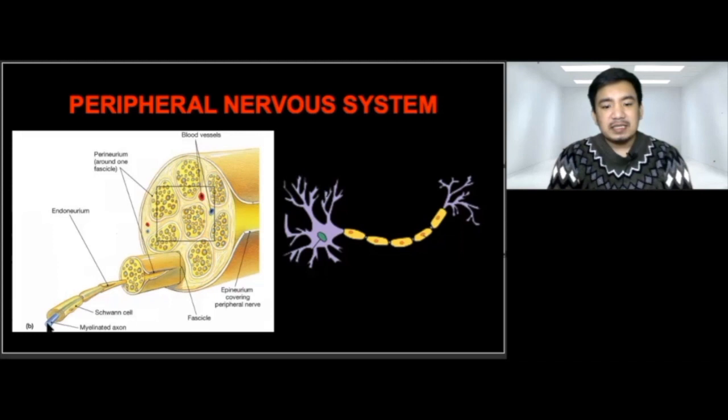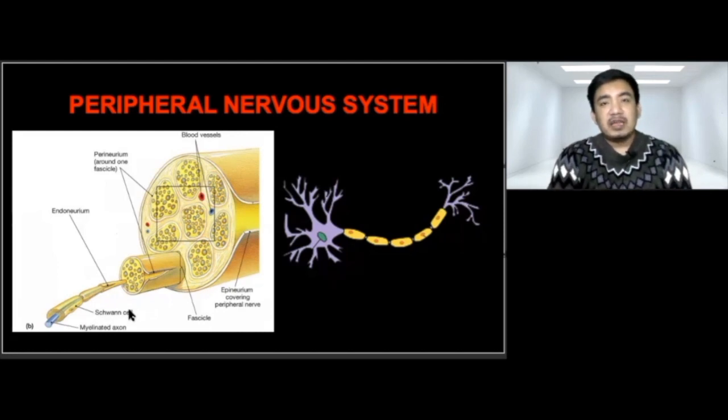In that axis cylinder, there is the myelin sheath. That myelin sheath is formed by Schwann cells. So, guys, it's very important to note that the myelin in the axon is formed by the Schwann cells because this is a notable characteristic of the nerve of the peripheral nervous system.